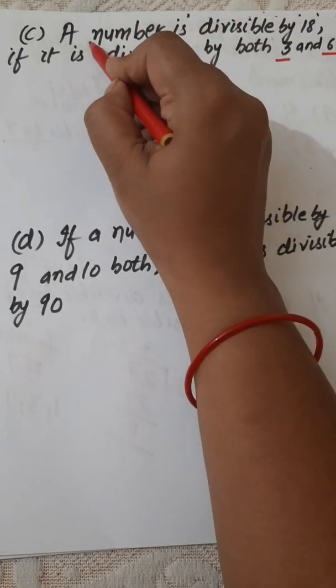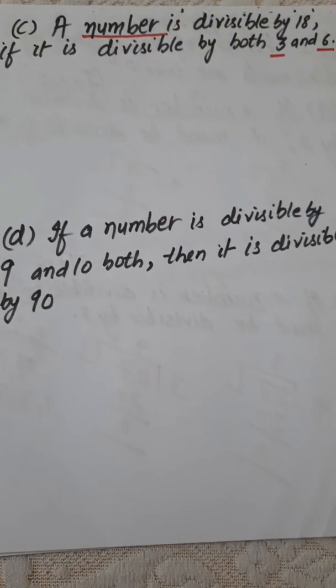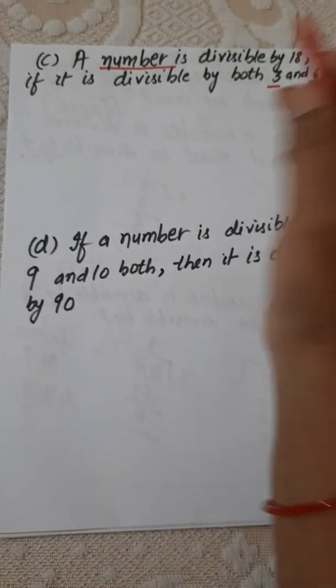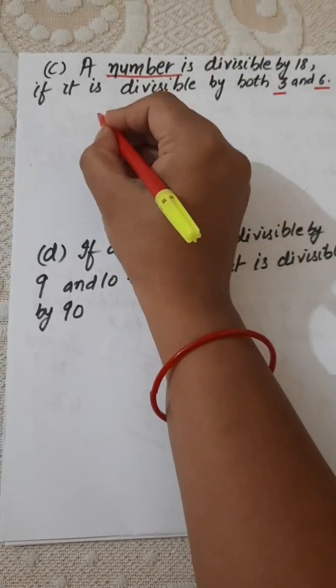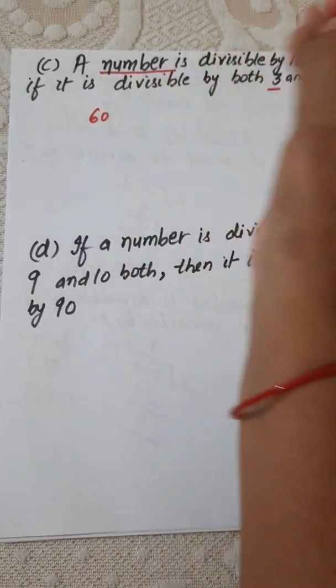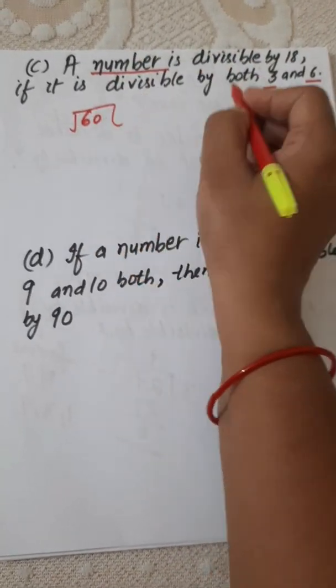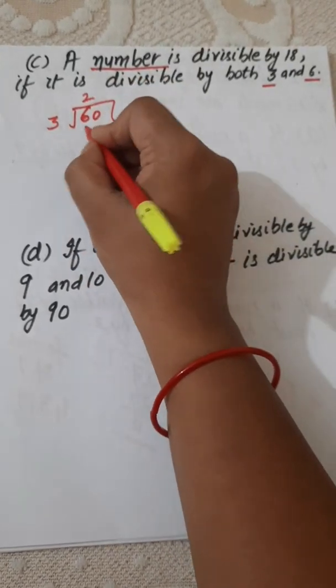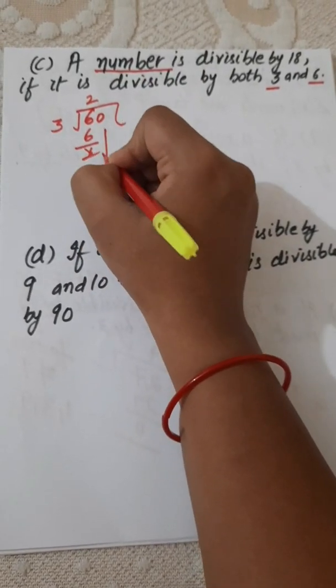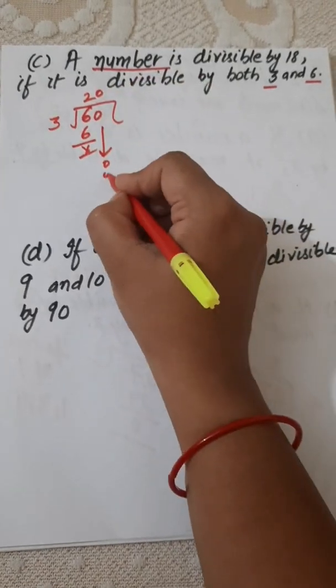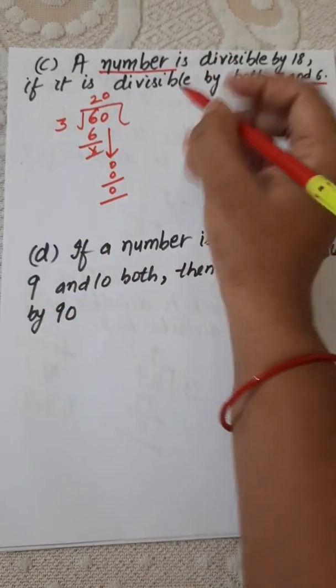So here we have a number that is divisible by 18. So let's take a number that is divisible by 18. If I take 60, here we know that 60 is divisible by 3. 3 twos are 6, we have 0, so here I have 0 as a remainder.